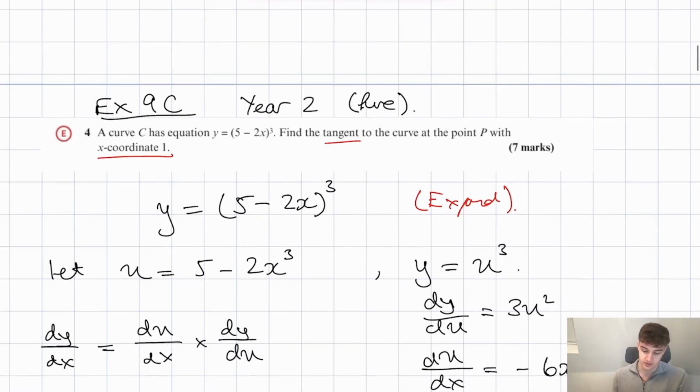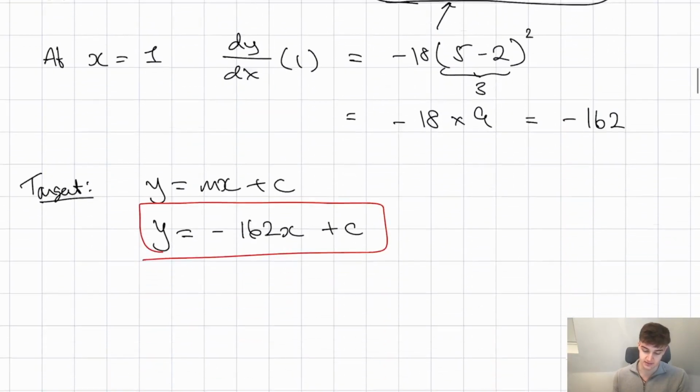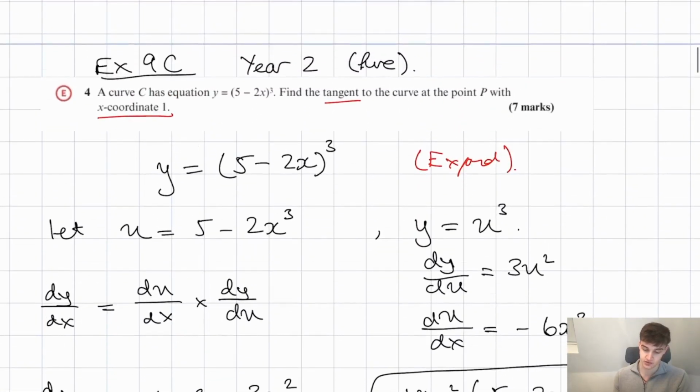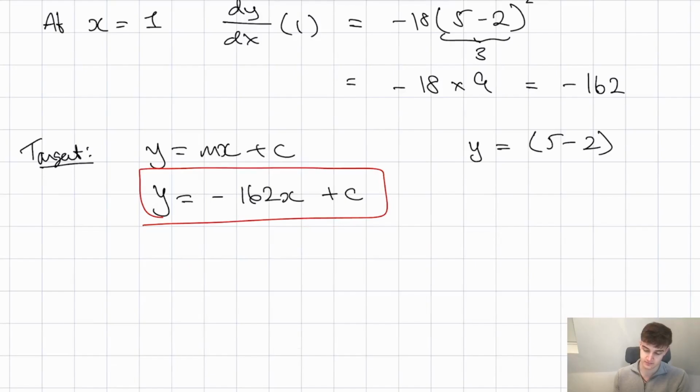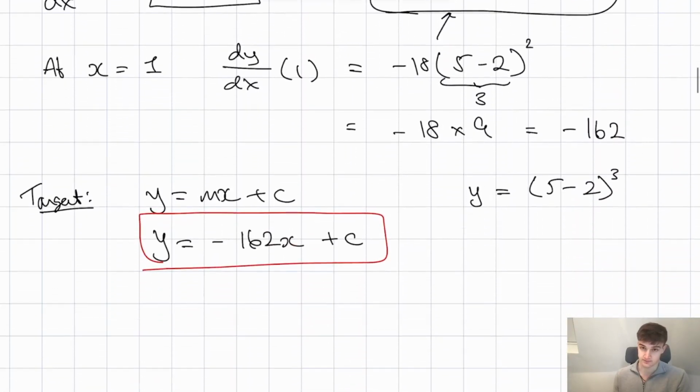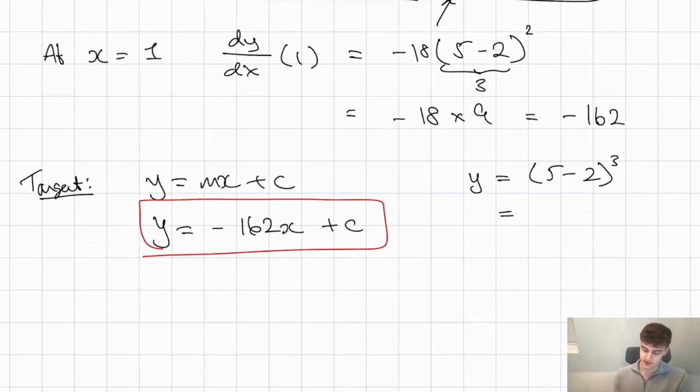So the y coordinate, when x is 1, is 5 minus 2 lots of 1 cubed. Okay, so 3 cubed, that's 27. So 27 is equal to minus 162, and I've just substituted in 1 here, plus c.